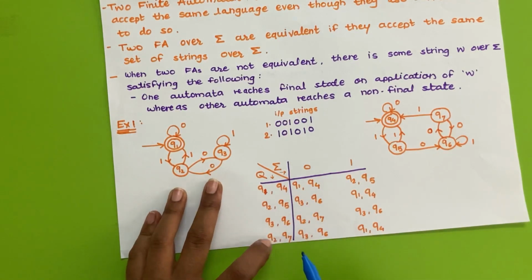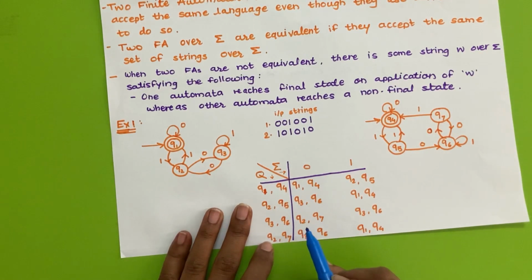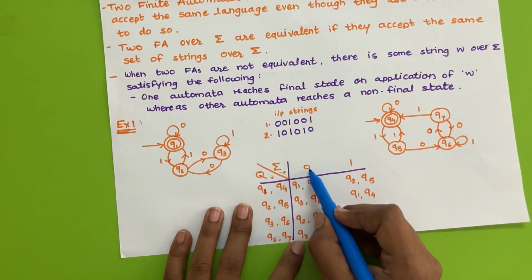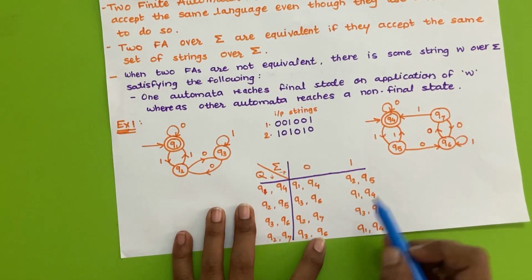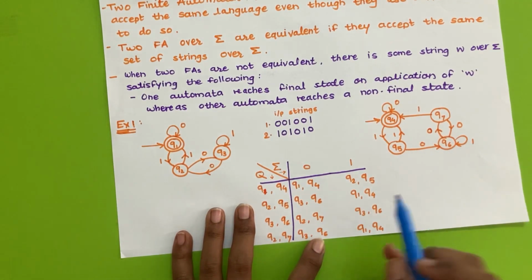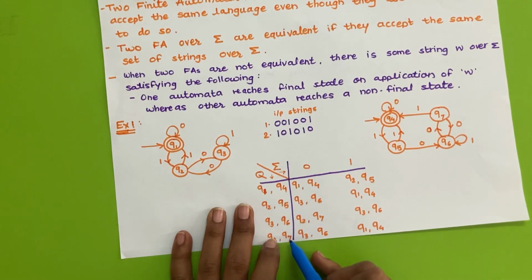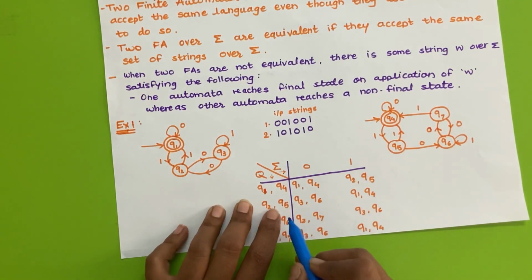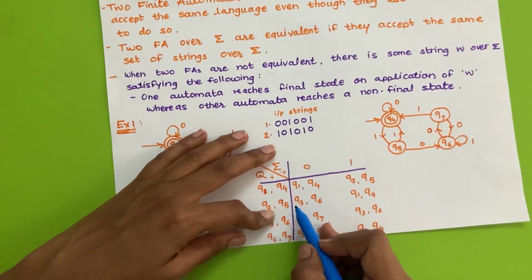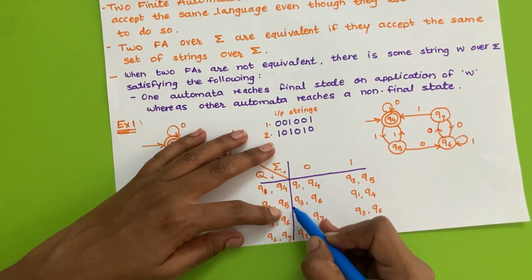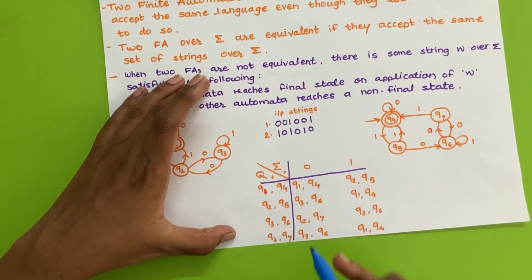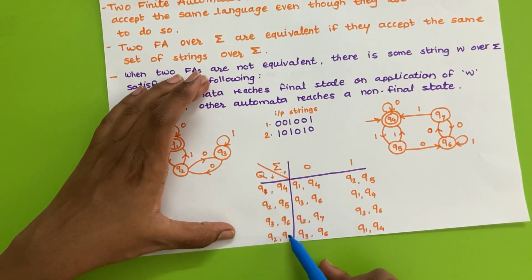Now we supply 0 input to state q2, it goes to state q3, and 0 input to state q7 goes to state q6. So we observe the same transitions repeated in case of q5 and q7. Hence there is no need to have these two states as different states. These two states are equivalent.